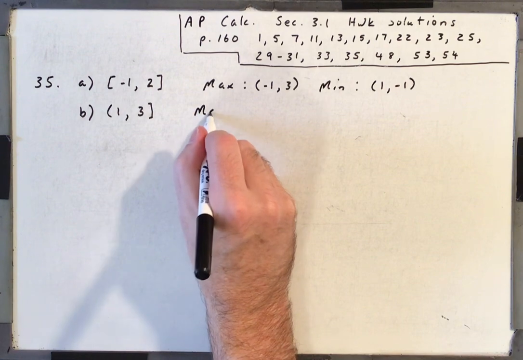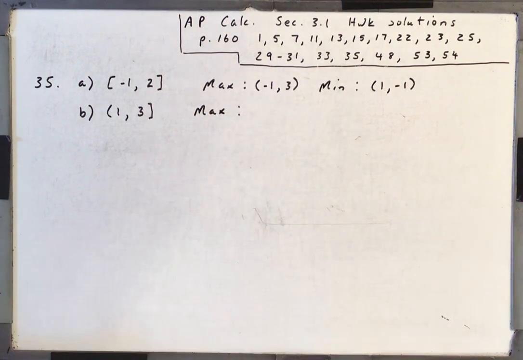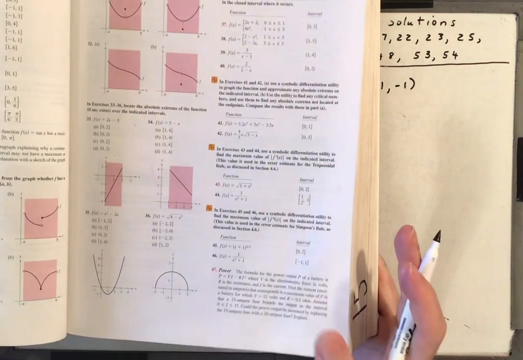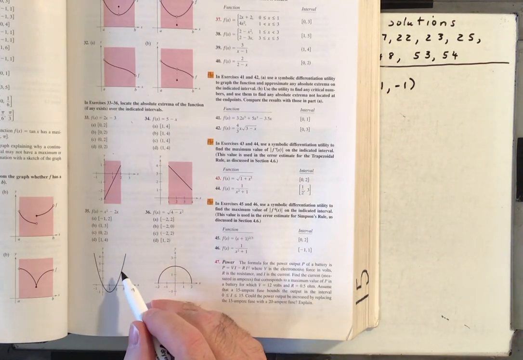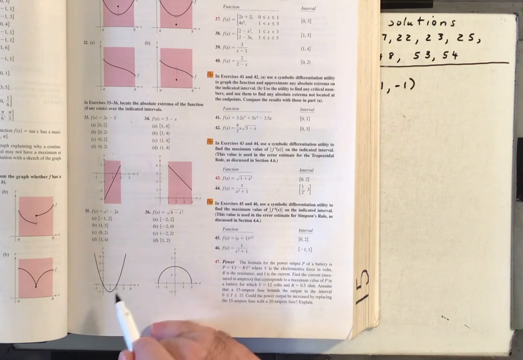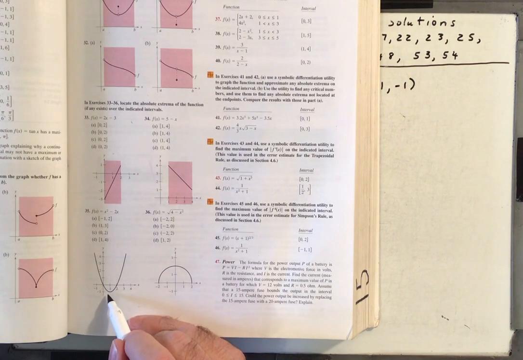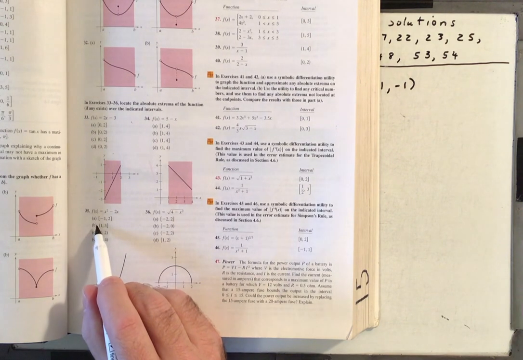Okay, so let's see, between 1 and 3. So 1 we can't count because it's up against an open parenthesis.